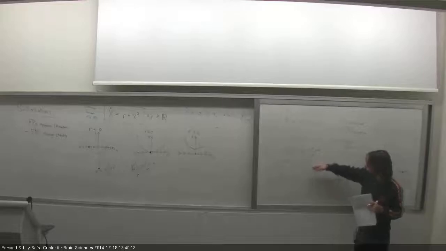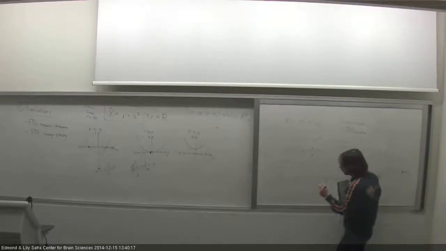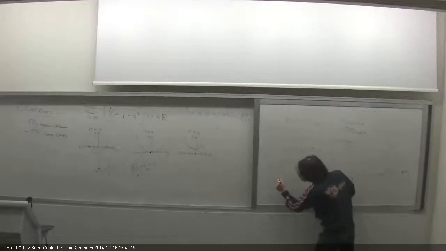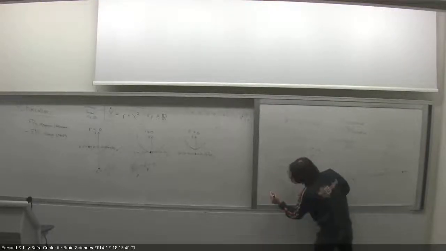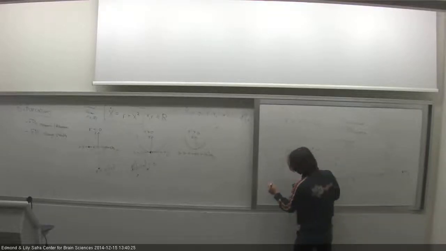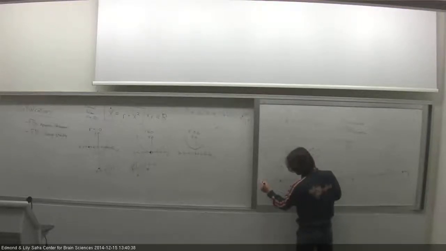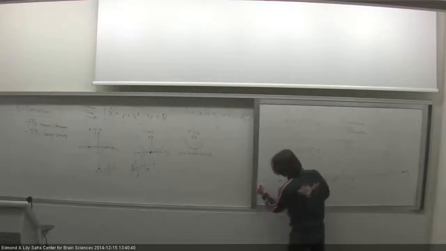And away from the origin, the x squared is dominant, so we have the inverted parabola dominating. So it should look like this.